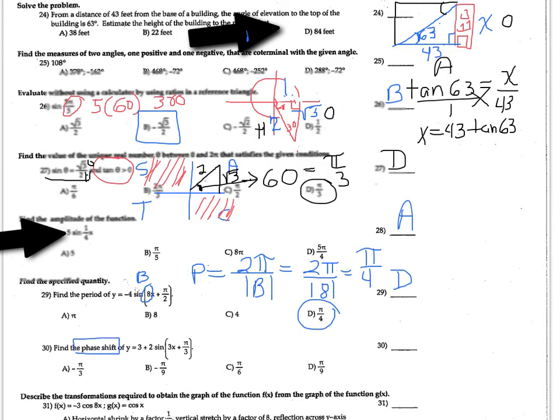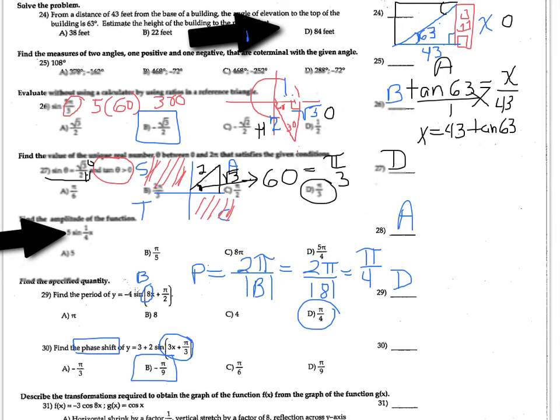What about for number 30, the phase shift? What is that supposed to be? How many units was shifted to the left or to the right? That is right. And you find that when you have the inside of the parentheses. So for number 30, what was the answer? B, negative pi over 9.